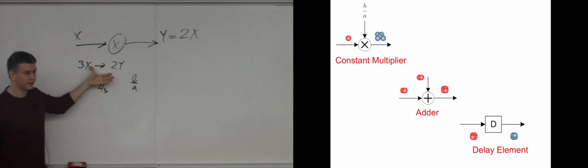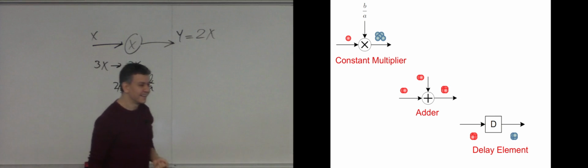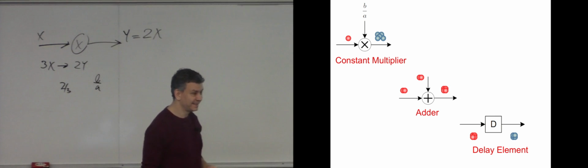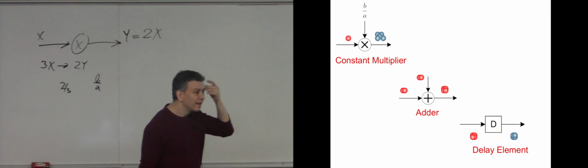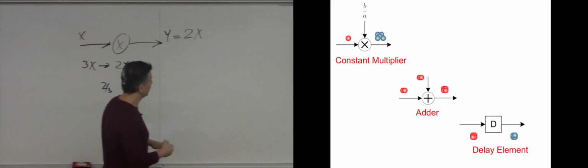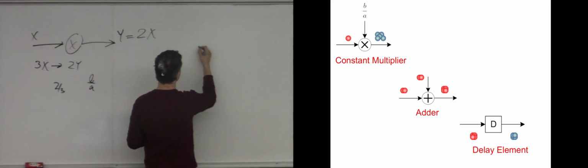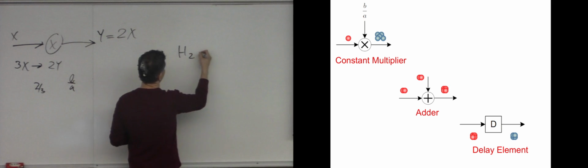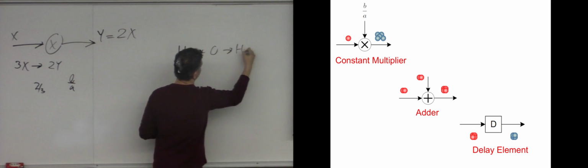Chopin, is this okay? You look frustrated. I'm not sure how you're getting the y from the x though. I mean, the amounts are okay, but there should be something that's actually changing the x to y. Well, suppose that I had H2 plus O going to H2O.